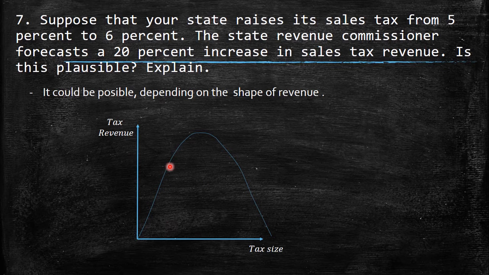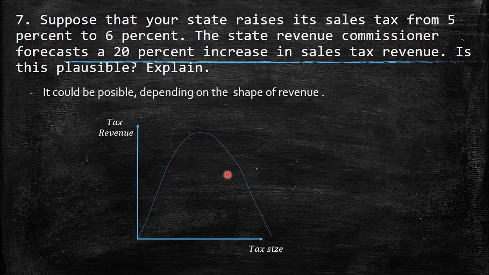If we consider the slope of this curve, we can figure out that this change from 5 to 6 is going to represent an increase of 20%. So imagine this is going to be $100, just for saying something, and this one is going to be $120.